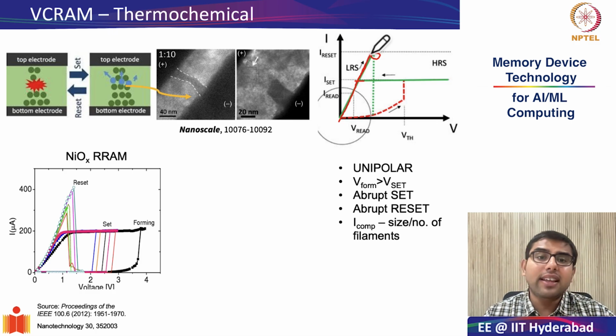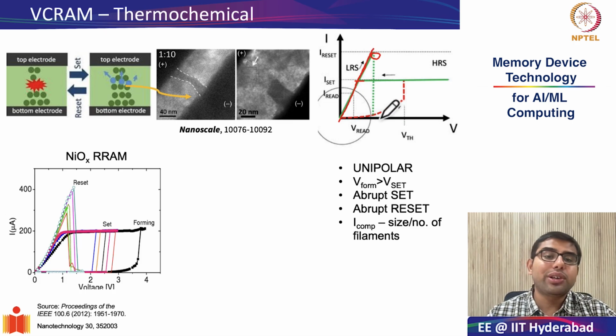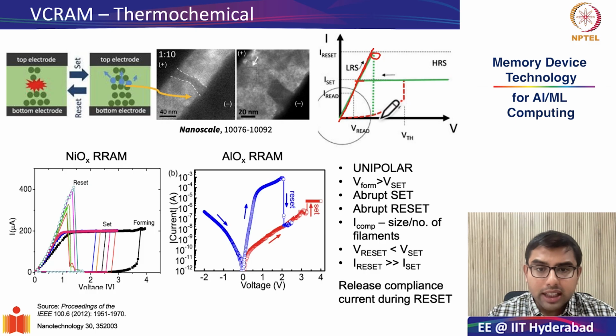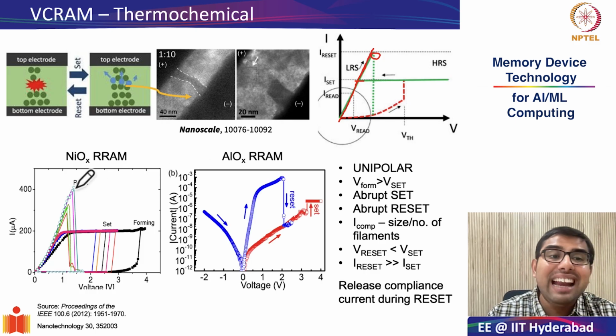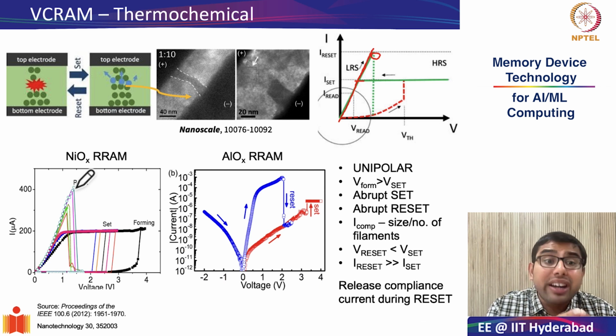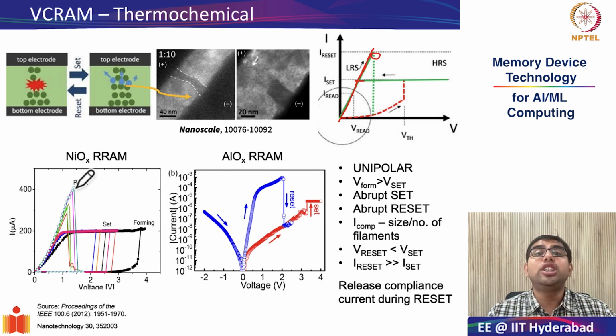The second thing that we notice is that the set process and the reset process in case of a thermochemically driven VCRAM is abrupt. This happens because the reset now is not driven by electric fields. There is no filling of vacancies. This happens at a critical amount of localized Joule heating, which has nothing to do with electric field.